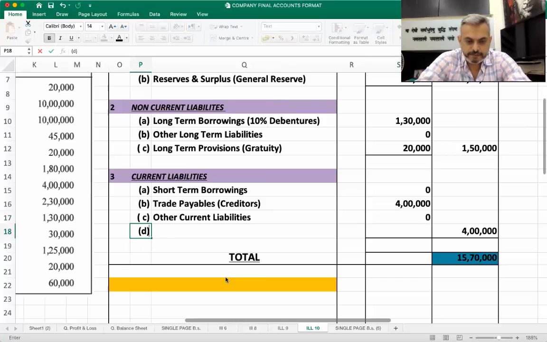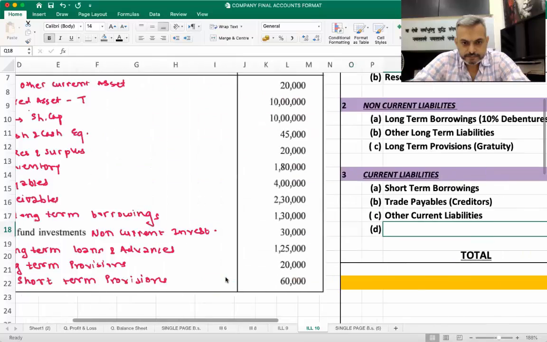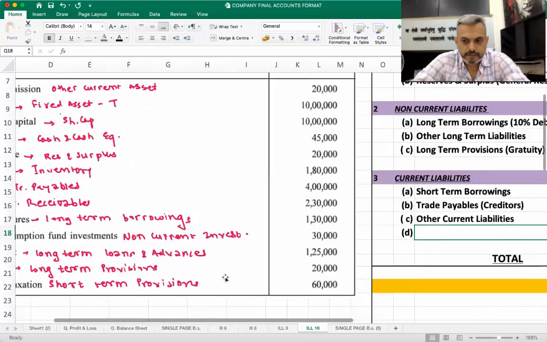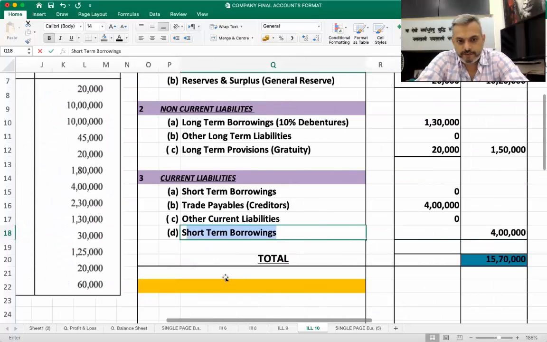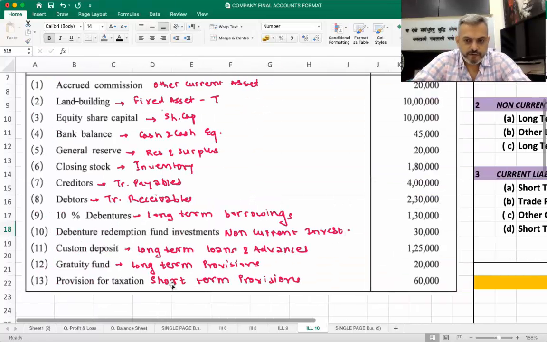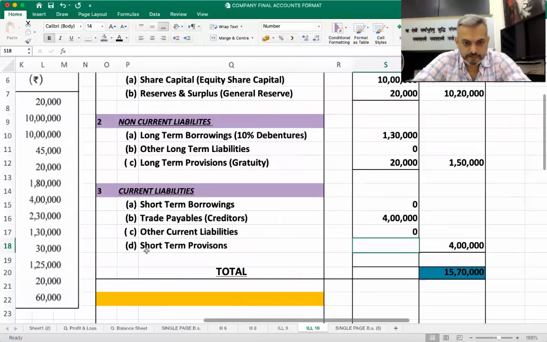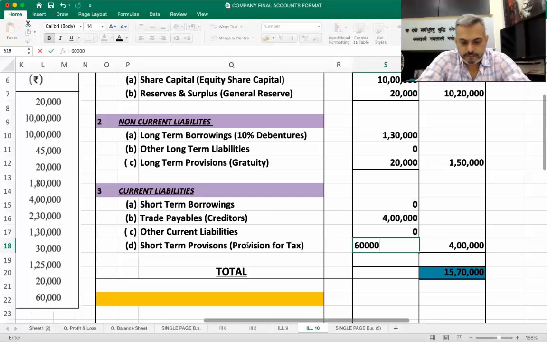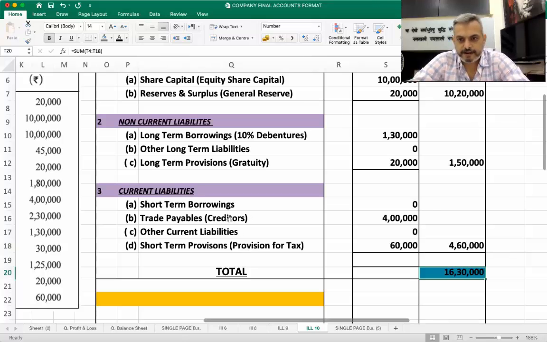And then B. Now short-term provisions. Now we have short-term provision, that is provision for tax 60,000. So 4 lakh 60,000 total comes to 16 lakh 30,000.